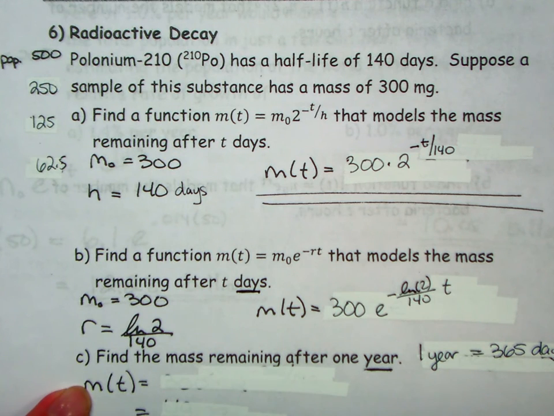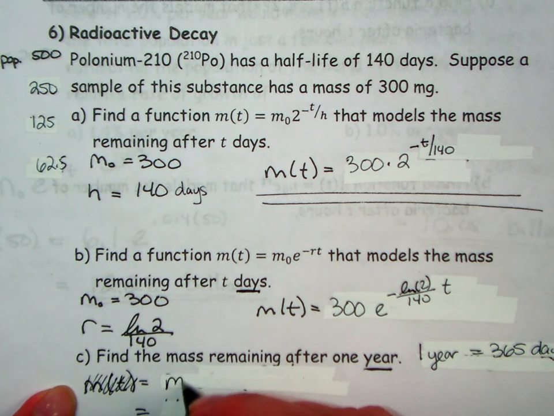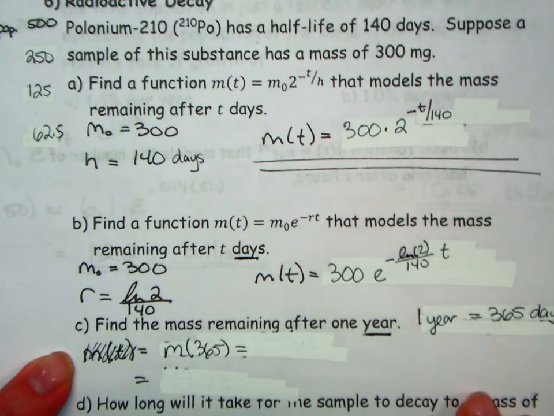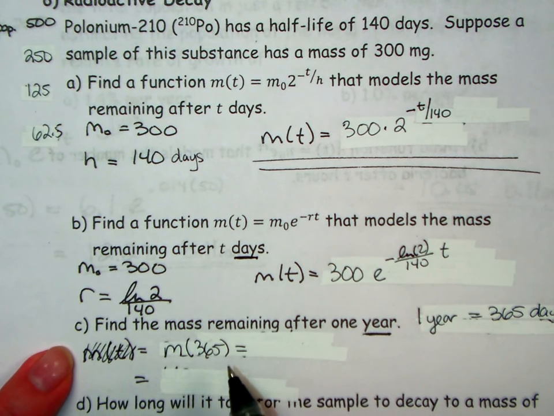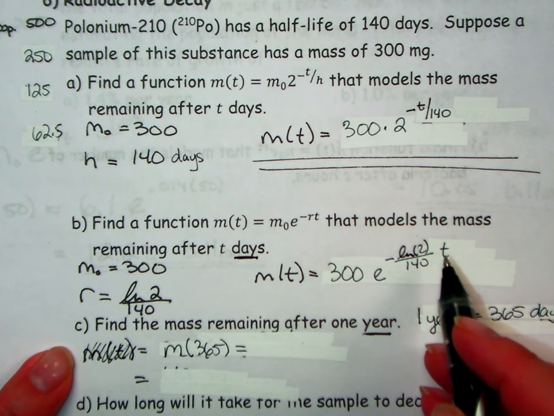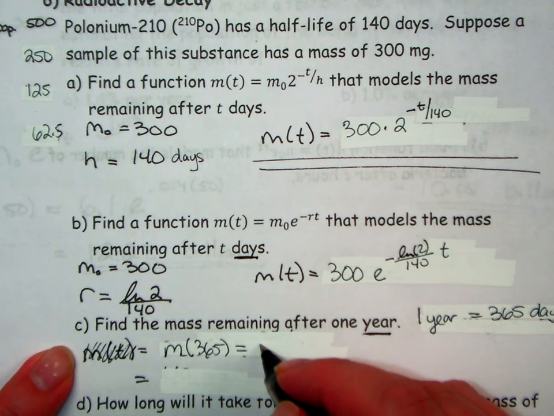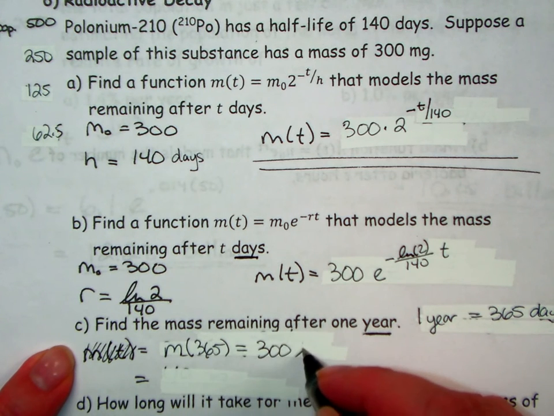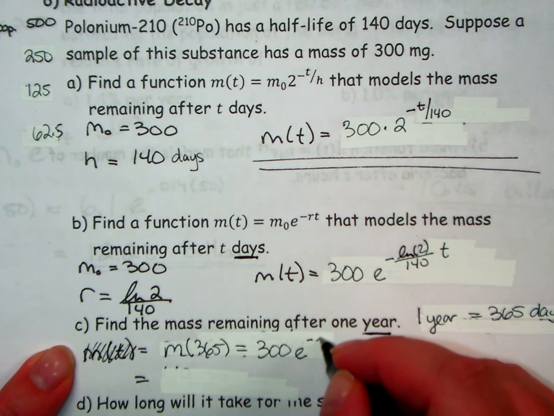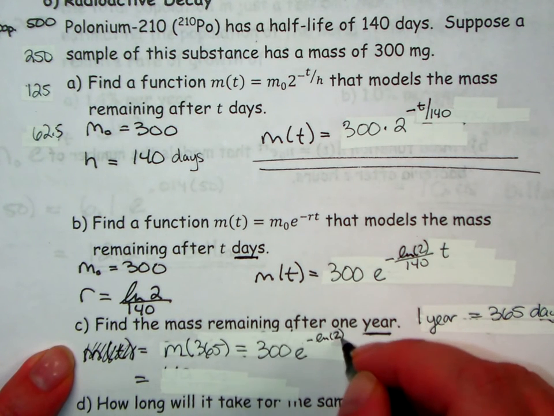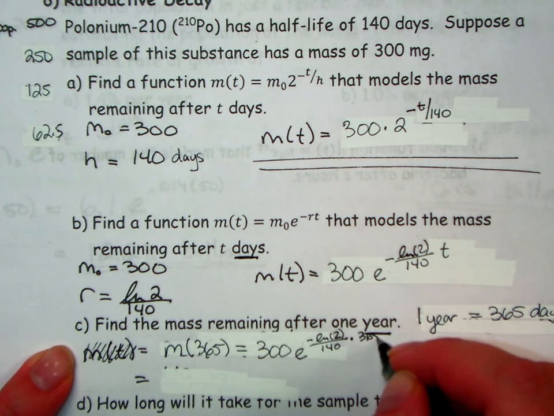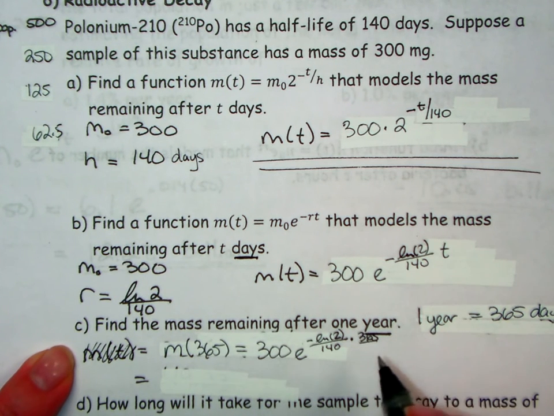So instead of m of t, we want to find the mass after 365 days. I'm just going to plug 365 in for t. So I'm going to get 300 e raised to the negative ln of 2 over 140, and then multiply that times 365. That 365 is technically over 1 here.